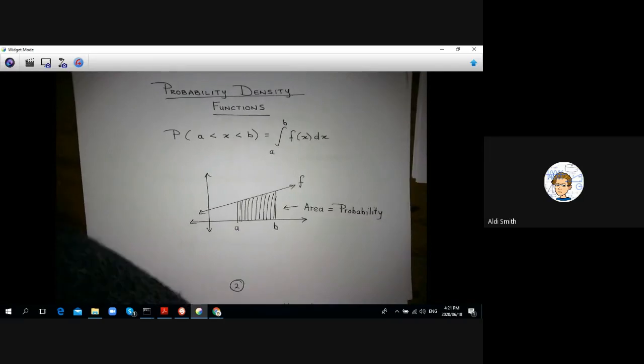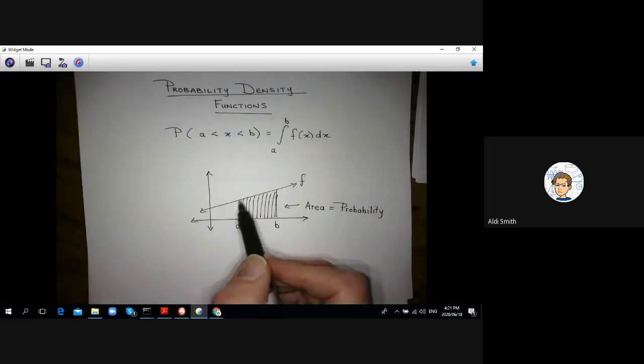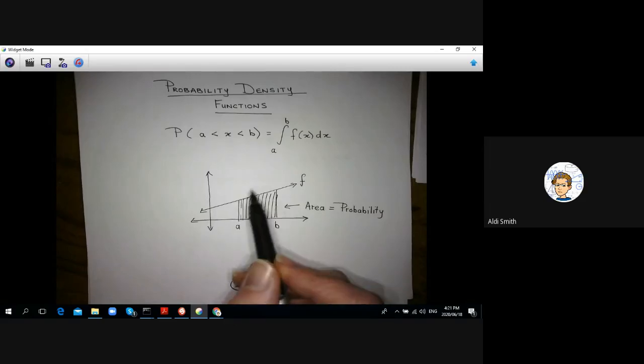So continuous random variable means it's not just going to be discrete values like 1 or 2 or 3. It's going to be what is the probability that somebody's income lies between 10,000 and 30,000. And that's why you then have to look at everything in between as well. Everything between 10,000 and 13,000. And to work that out, you work out the area underneath the curve between those 2 values.